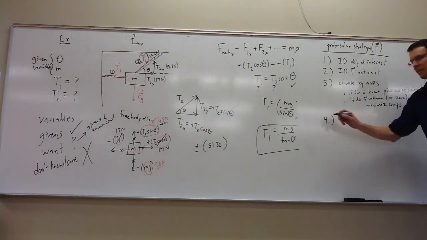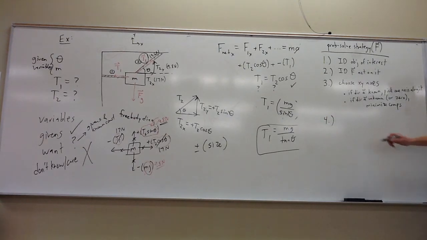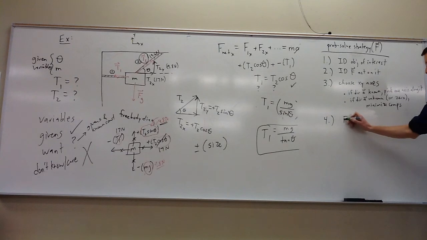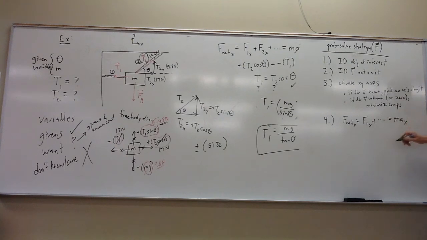Then, at this point, we're well done with the physics. You're digesting the problem in easier chunks, an x chunk and a y chunk. You want to do F net x, the sum of your x components, is m a x.